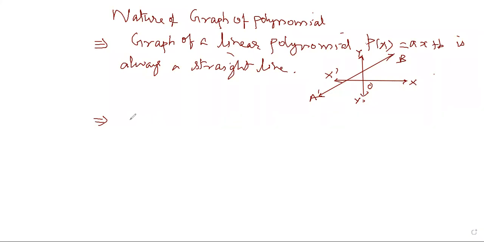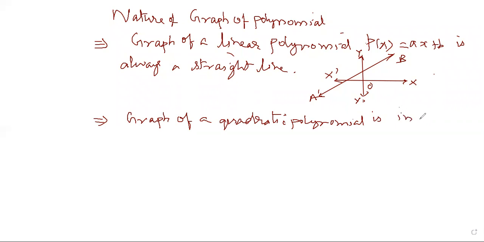The first point to remember is what the shape of the graph of a quadratic polynomial will be. The graph of a quadratic polynomial is in the shape of a parabola.